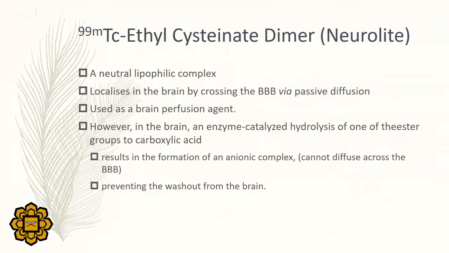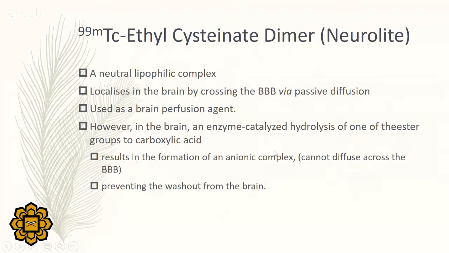In the brain, there is an enzyme that catalyzes hydrolysis of one of the ester groups in this compound, which changes the ester group to a carboxylic acid. Apologies for the space here. When the ester group in these drugs is hydrolyzed into carboxylic acid, it results in the formation of an ionic complex, which causes the drug to not be able to diffuse across the BBB.